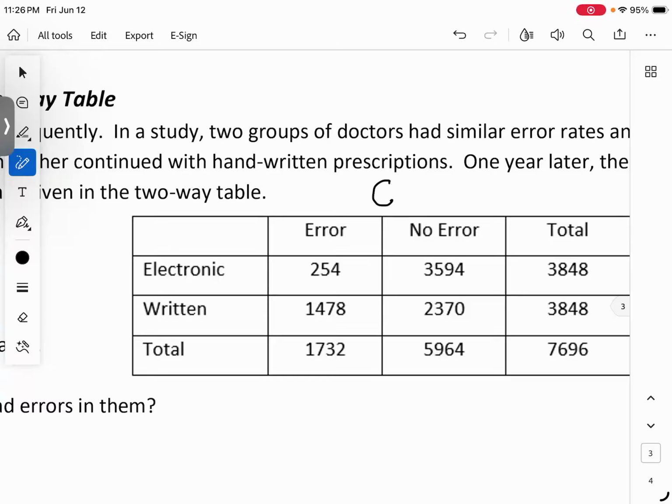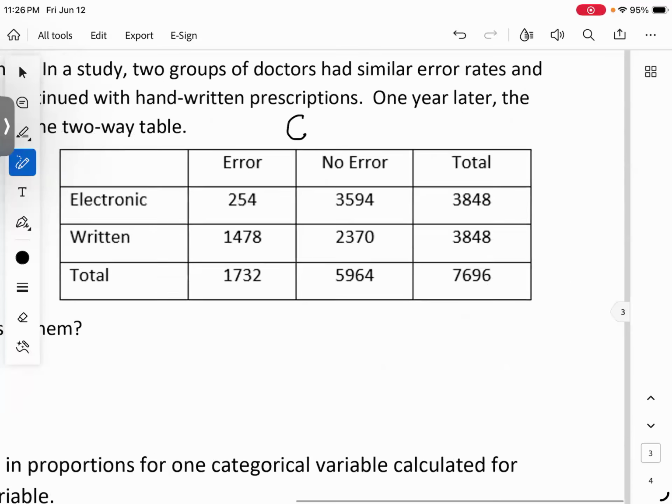Some of them were using an electronic device in order to create the prescription, and some were just writing it. And so the idea here is that if physicians are relying more on a device rather than written, will they maybe make fewer errors? But let's take a look.